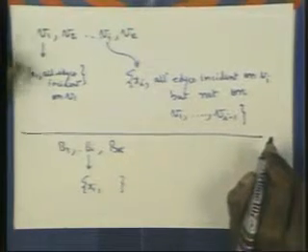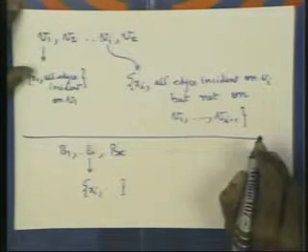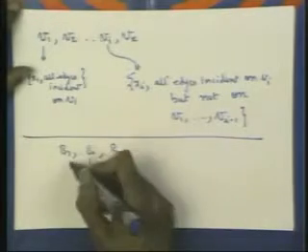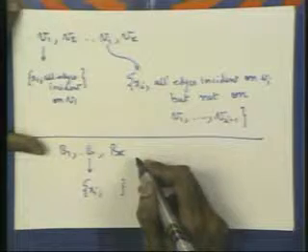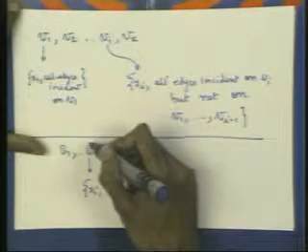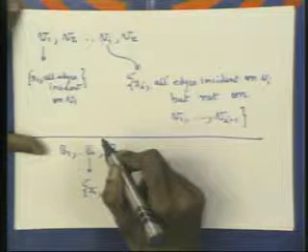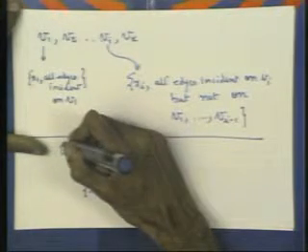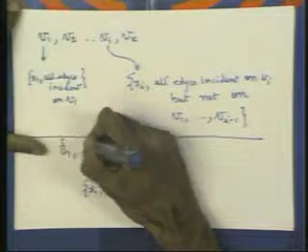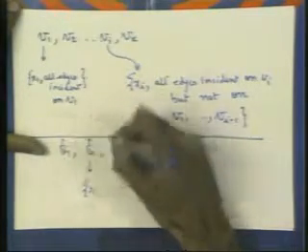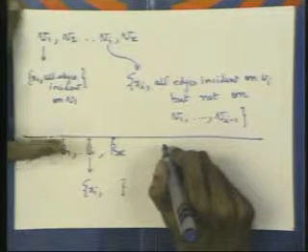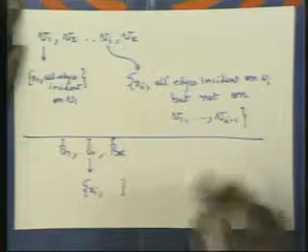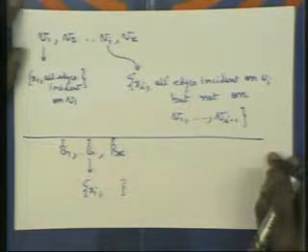Bi contains Xi. Bk contains Xk. Now every edge must also be covered and must occur in one of these sets, right? Which means if it occurs in set Bi, it must be adjacent to the vertex i. So the vertex cover just consists of the vertices which correspond to each of these sets. There must be a vertex which corresponds to B1, a vertex which corresponds to Bi, and so on. So those vertices will form a vertex cover.